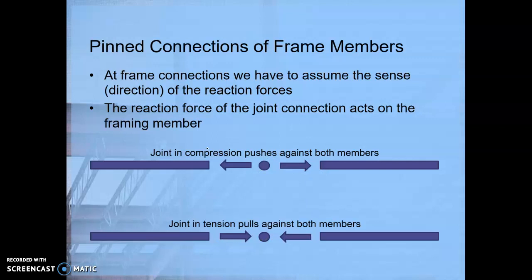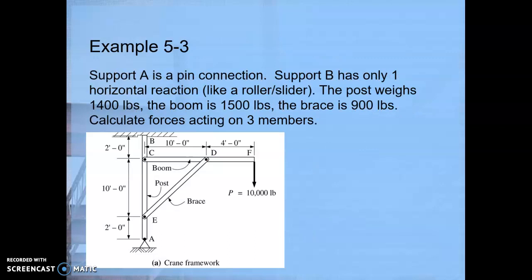So I don't know that it's technically most accurate to describe these joints as being in compression or tension, but the important thing to recognize is that the adjoining frame members are affected differently by the joint that connects them. If the joint is pushing this frame member to the left, it's pushing the other one to the right, and so on. Same thing in the vertical direction. If it's pushing one up, it's pushing the next one down. I think this will make more sense when we see it in practice.